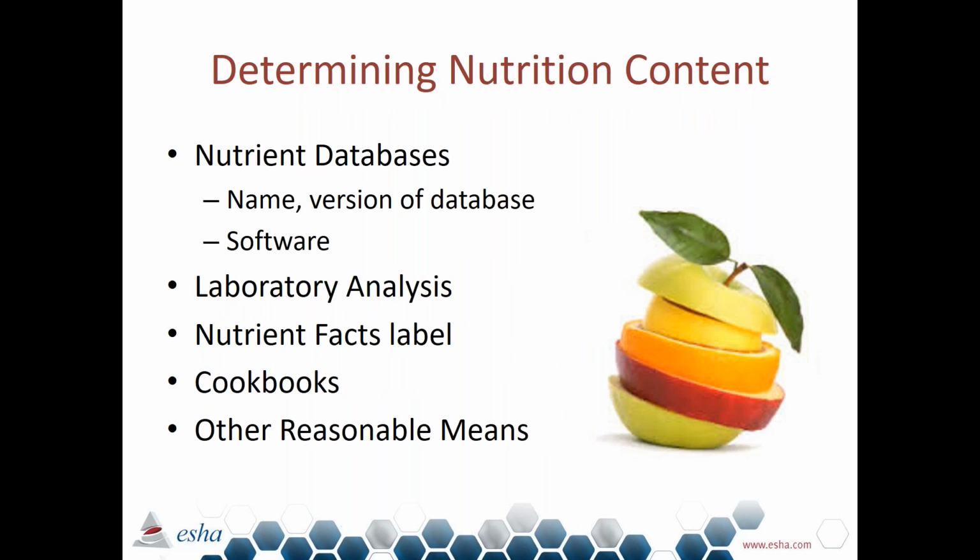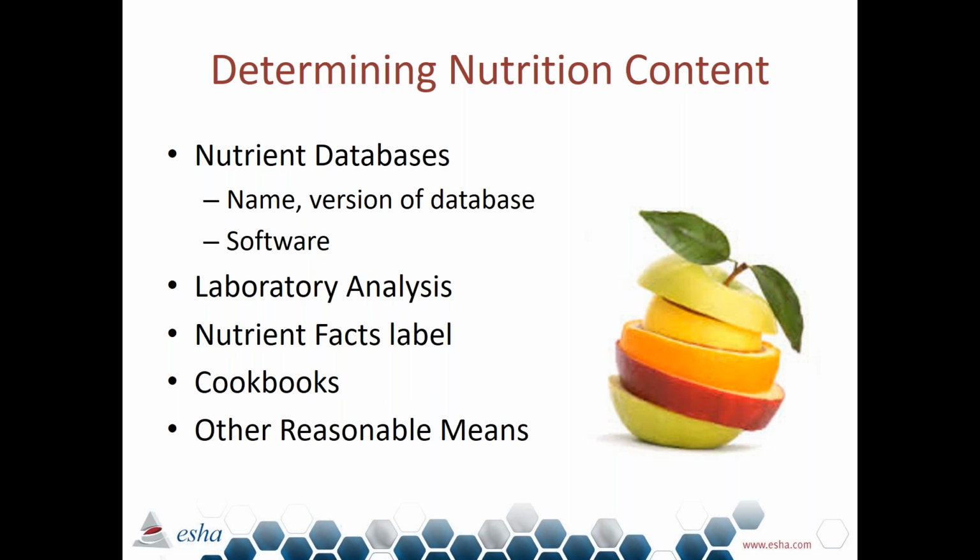To determine nutrition content, the FDA allows nutrition databases, and as you create recipes, be sure to write down the name of the software, the version of the database, and the person who is creating that information.